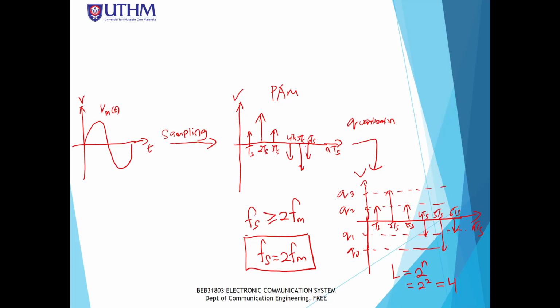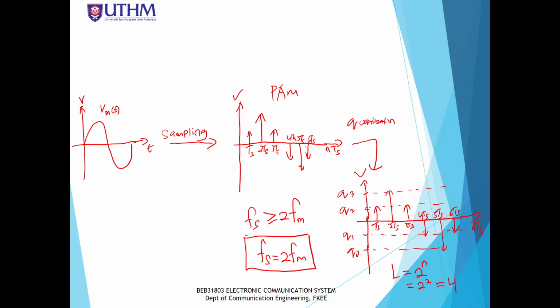That means each level will be assigned a 2-bit value. But in this example, Q0, Q1, Q2, and Q3 are still in the form of voltage, but a limited amount of voltage.